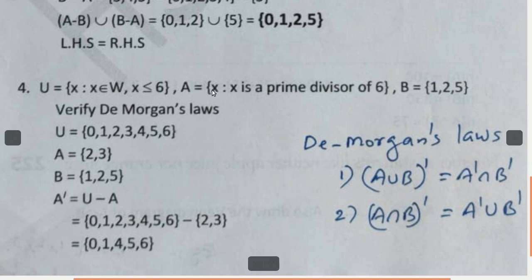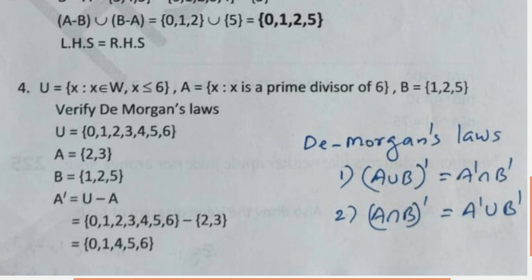And A is also given as X such that X is a prime divisor of 6. Which are the divisors of 6? 1 into 6, 6. Then 2 into 3 equal to 6. So 1, 2, 3, 6. These are the divisors of 6.